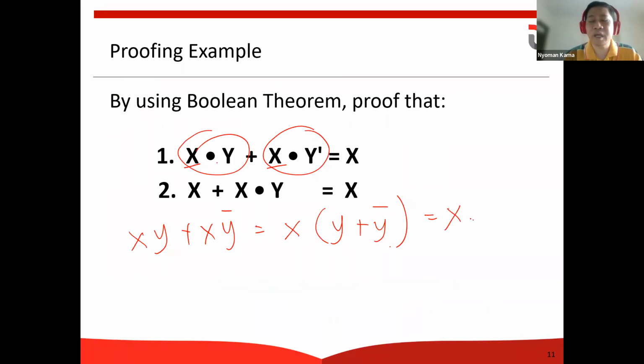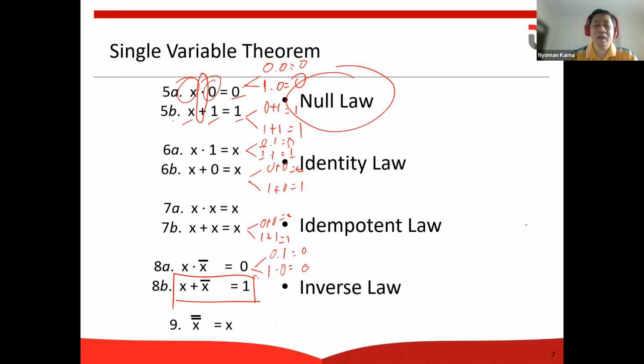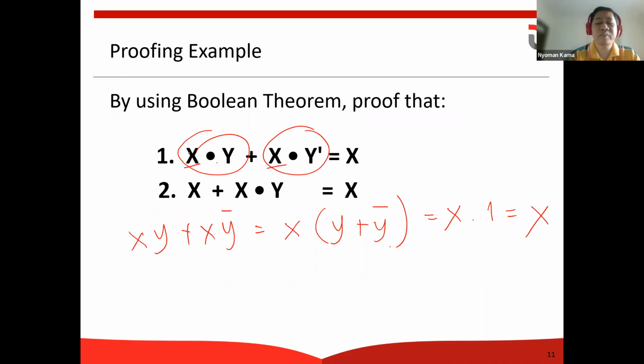So it will become x times 1. And x times 1 here, by the identity law, is x. So we have proved that xy plus xy naught is actually x by using Boolean algebra.